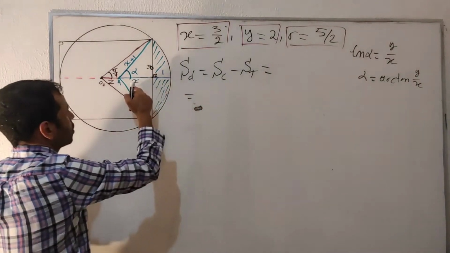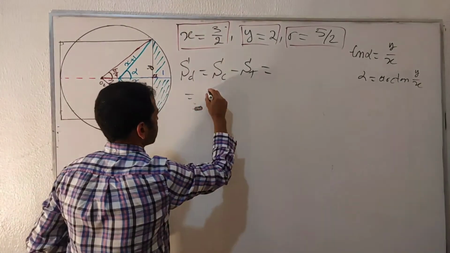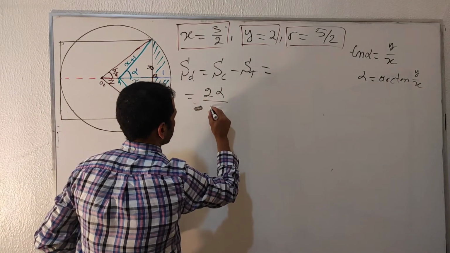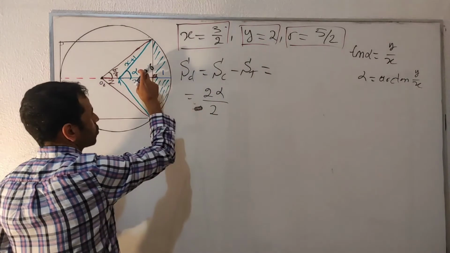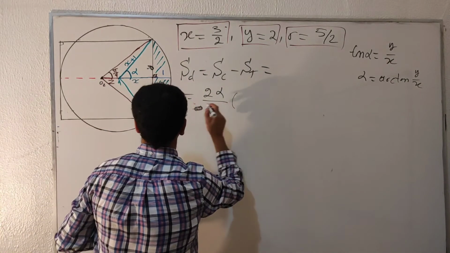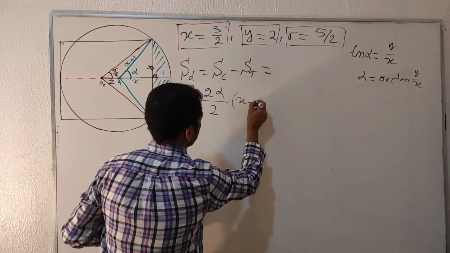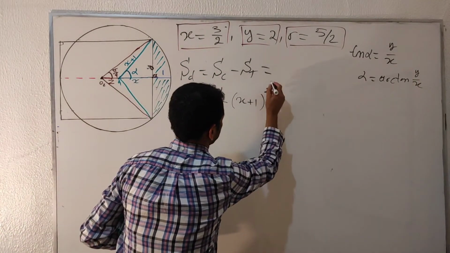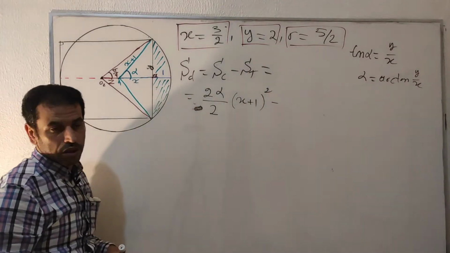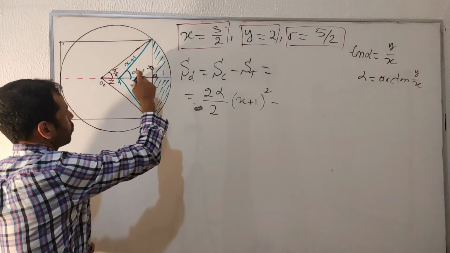This alpha plus this alpha, which is 2 alpha, over 2, is multiplied by the radius squared. The radius is x plus 1. Let's write this in terms of x to have a nice expression. Minus ST, the area of this triangle.